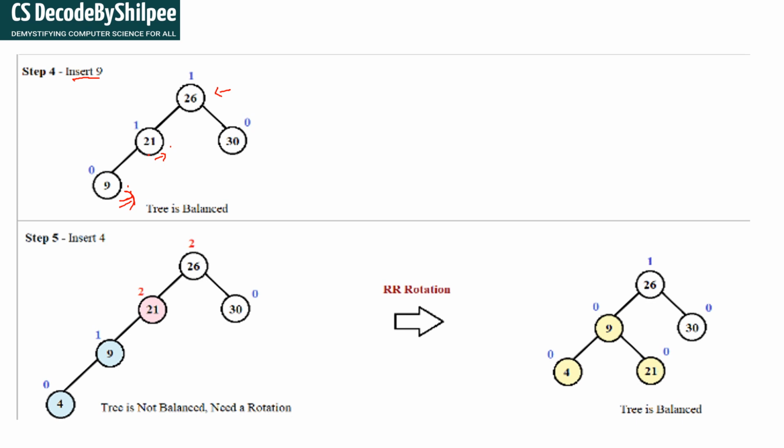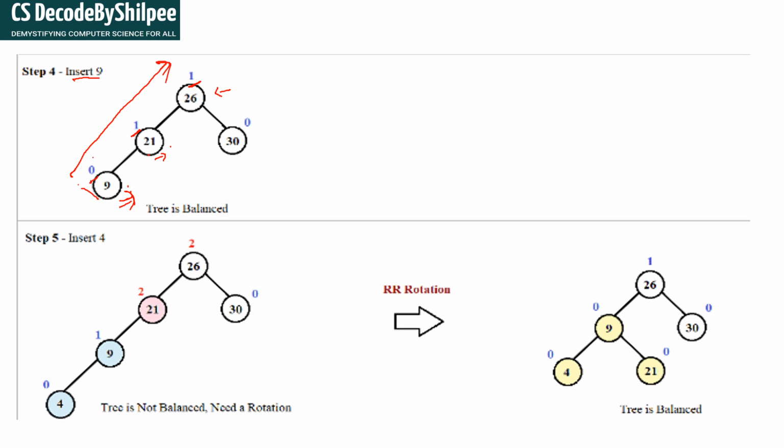Now the first step is done, insertion done. Next step, we will start calculating the balance factor from 9 up to the root node, right? So 9's balance factor is 0, 21's balance factor is 1, 26's balance factor is 1. So we have seen that up to the root node there is no violation.